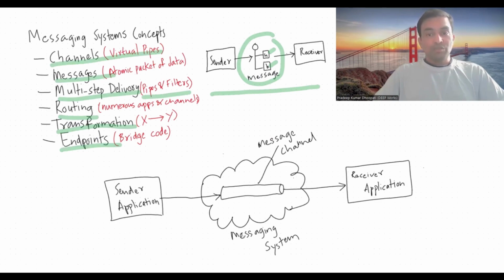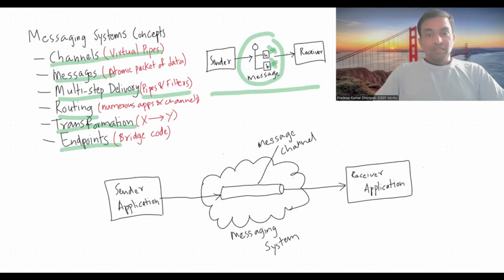And the body is usually ignored by the messaging system. The body is something which the sender sends, and it is transmitted to the receiver as is, without altering anything in the messaging system. And the receiver doesn't really focus on the header of the message, but it usually needs the data inside the body of the message to extract and process it further.